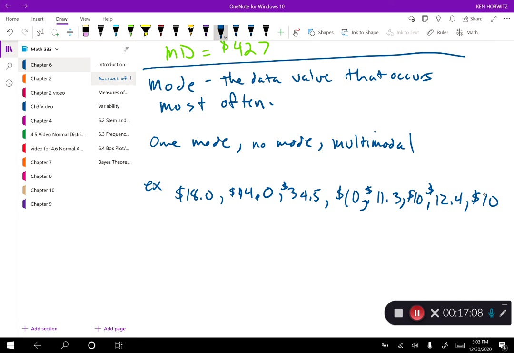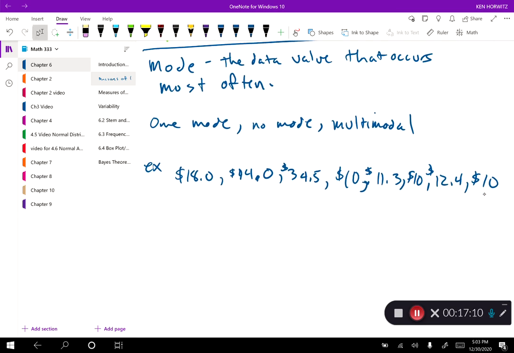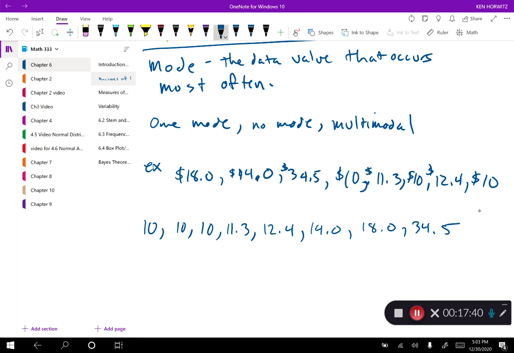I think taking an extra moment to put your data in order is really helpful in this case, because it's going to make the mode that much more obvious. So let's put it in order: 10, 10, 10, 11.3, 12.4, 14.0, 18.0, and 34.5.